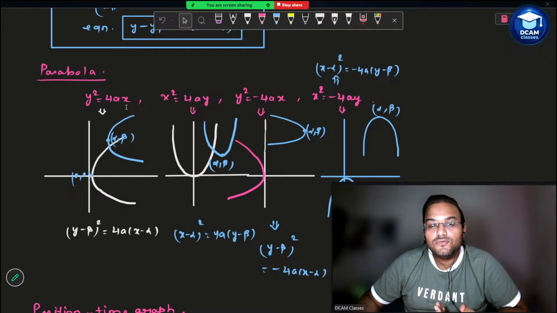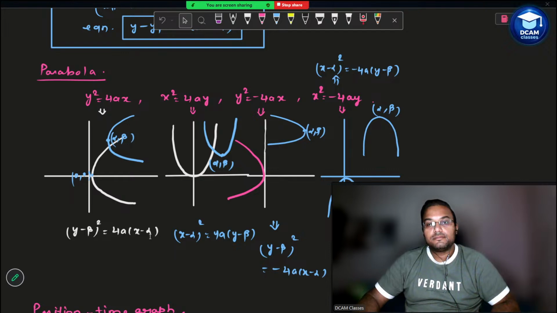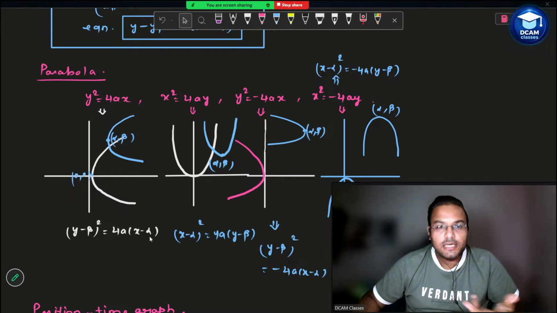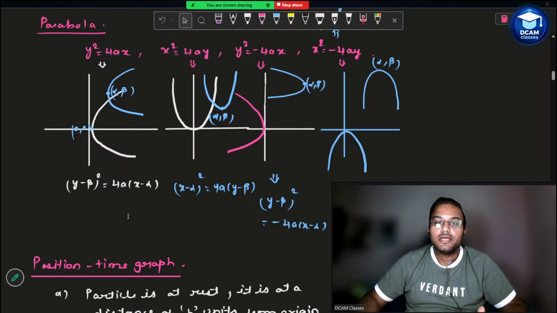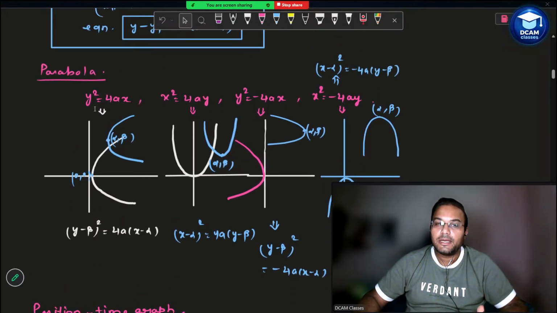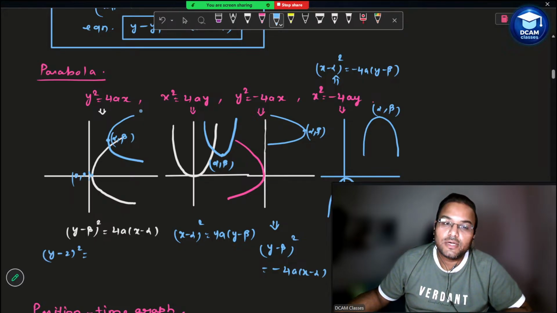Y square is equal to 4ax had the vertex at 0, 0. Now when the vertex is alpha, beta, it's a general case actually. You see Aditya, normally we do not have the graph of parabola y square equal to 4ax in that form. You will have to actually convert the form. It will be something like y minus 2 whole square is equal to 4a into x minus 1, like that.